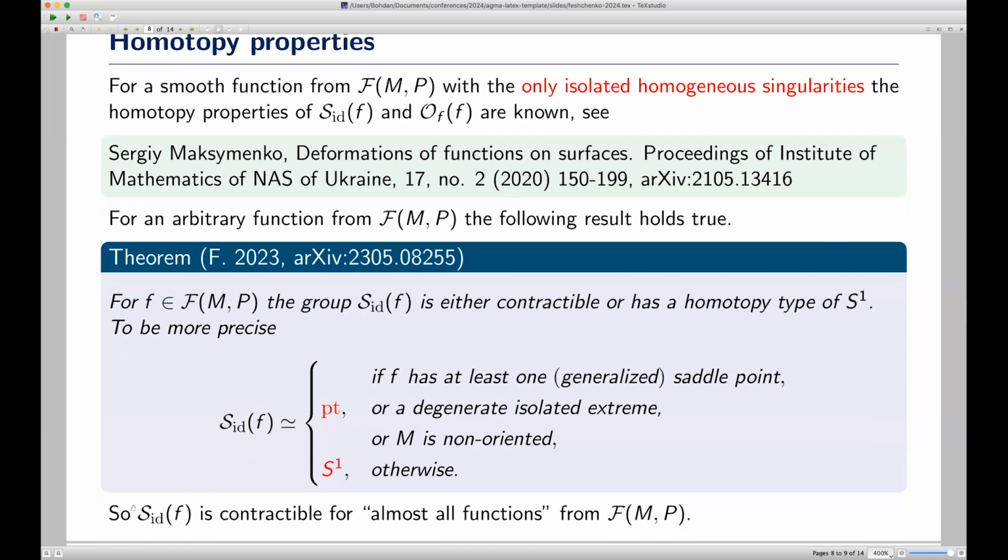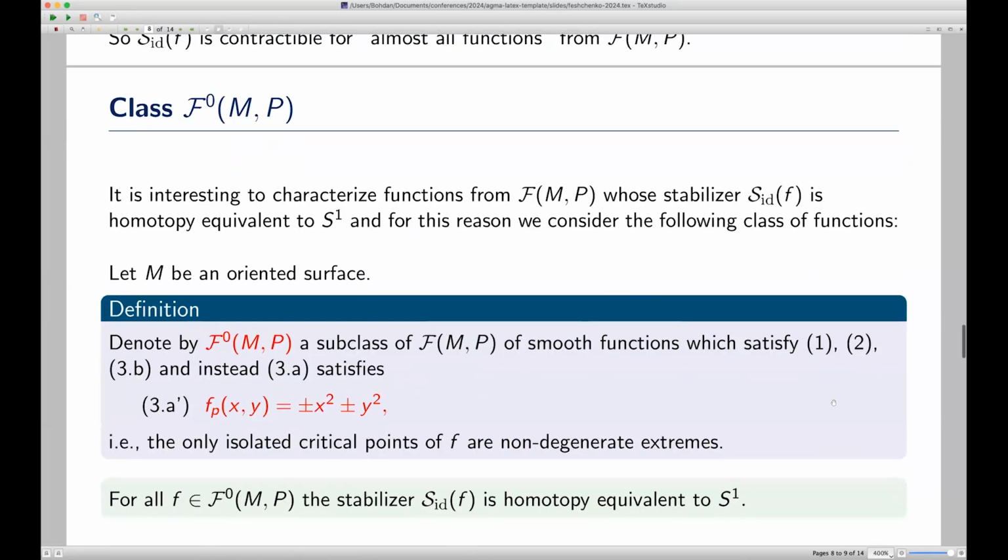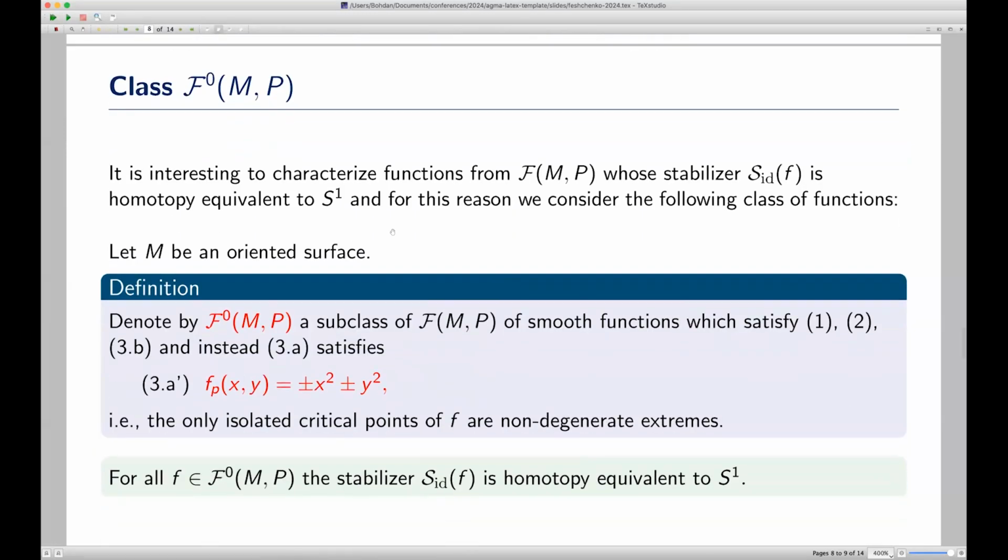So the stabilizer is contractible for almost all functions from this class. And it is interesting to characterize the functions from this class whose stabilizer is homotopically equivalent to a circle.